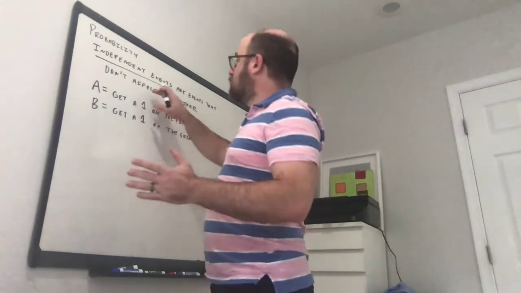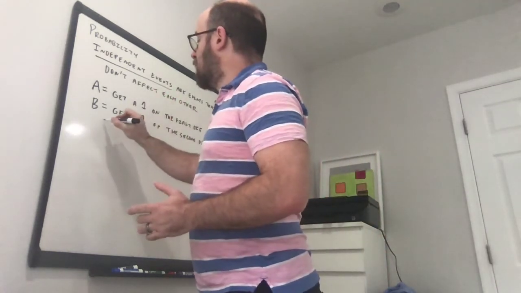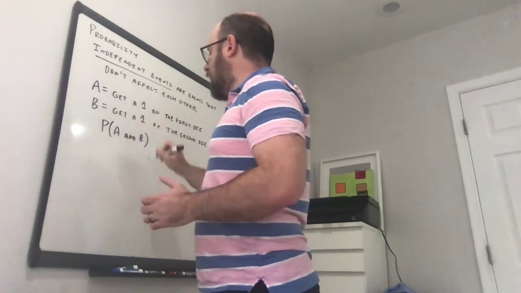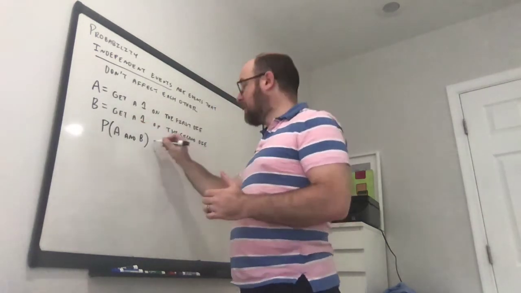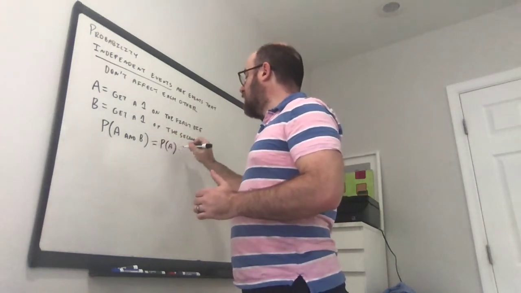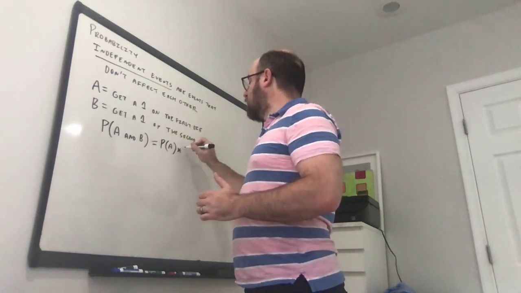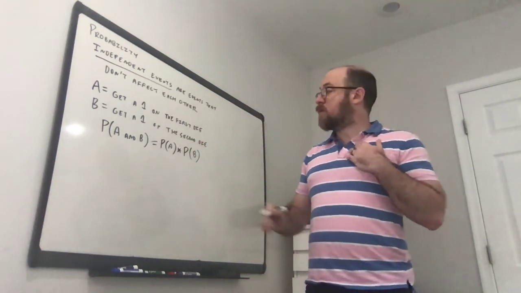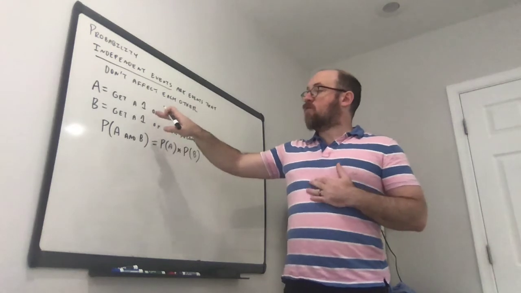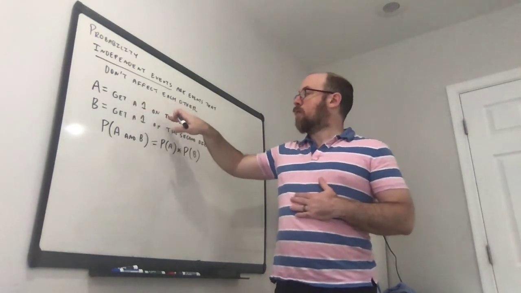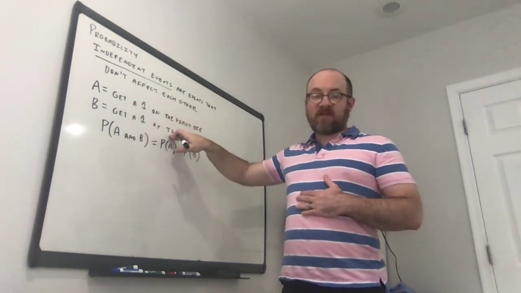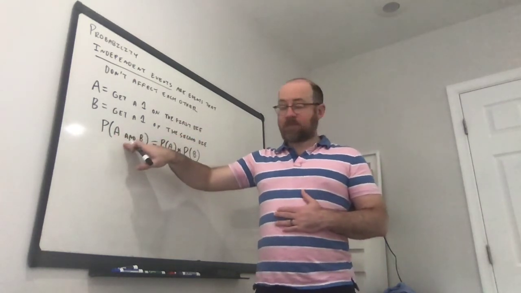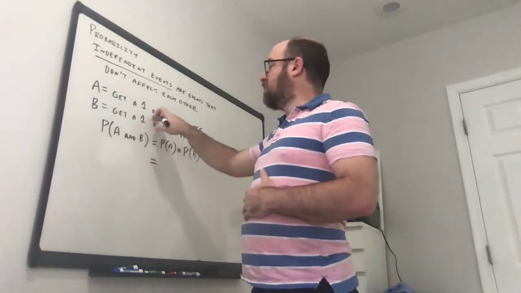And so if we've got 2 independent events, the probability of A and B happening, so the probability of both of them happening, is going to be the probability of A multiplied by the probability of B. Okay? So in this particular case, if we wanted to know the probability of getting a 1 on the first die and getting a 1 on the second die, then the probability of both of those happening would be the probability of the first one.